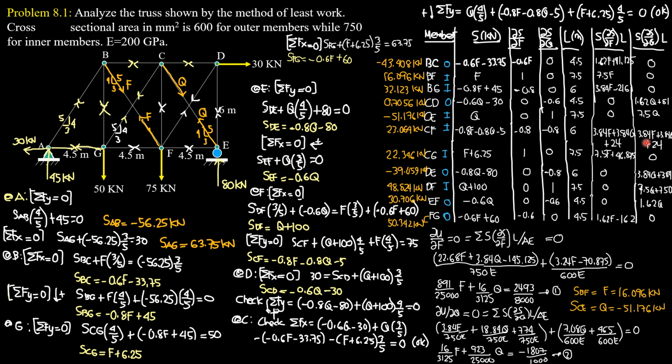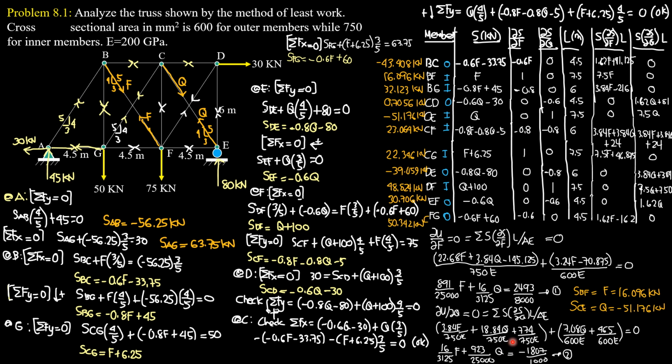We have 3.84F rather over area of inner 750 over E. Then for Q inner, we have 7.5 Q here, then plus 3.85 Q inner, then plus 7.5 Q. That would be 18.84 Q divided by area of inner member 750 E.